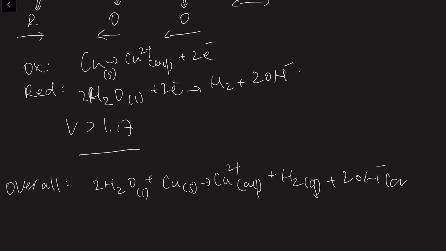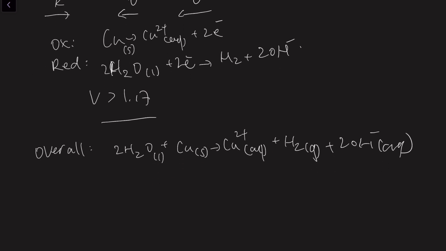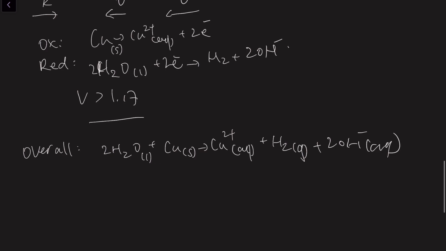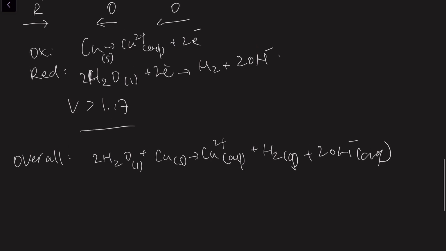There should be no electron present because we are not creating or destroying electrons. And there are some things you can observe during your experiment to tell that the reaction has actually occurred. So let's have a look at some cues.